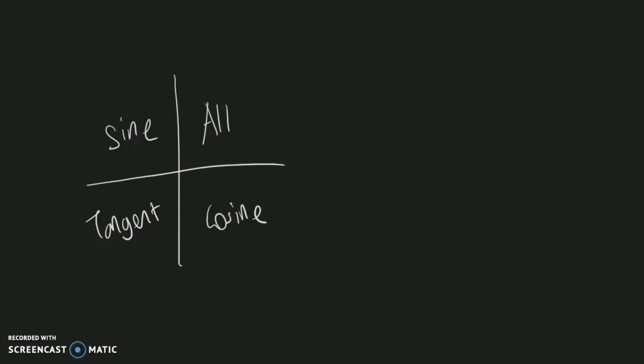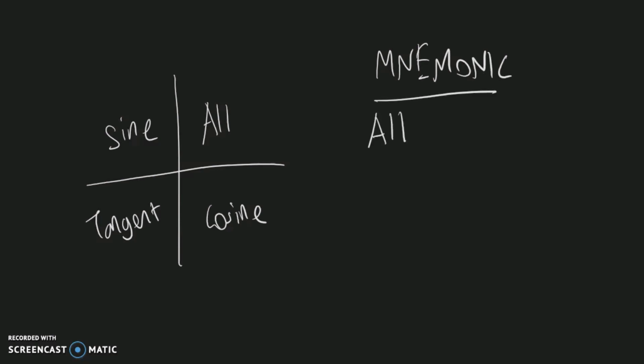To memorize these four allocations, I came up with a little mnemonic. You can come up with your own, but see if this helps. All for the first quadrant, S for sine in quadrant 2, T for tangent, and C for cosine: All Students Take Calculus, ASTC.